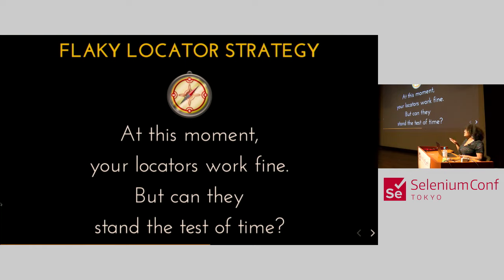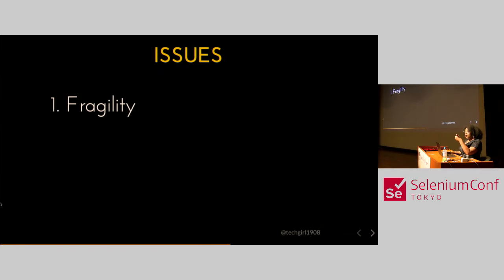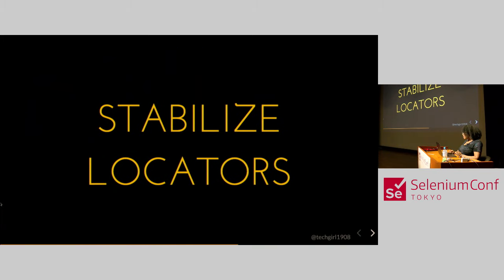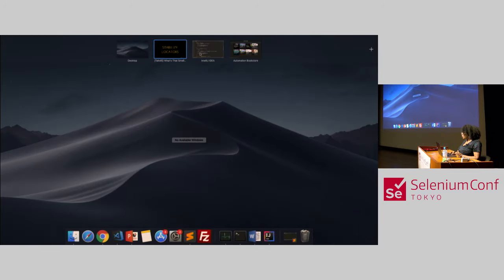Chrome has no idea that you plan to put this in an automation script that you want to run for months or years and still expect to work. So you need to make sure that the locators you're getting are ones that are going to stand the test of time. Again, you don't want fragile locators and you don't want unreliable ones. This is the leading cause of flaky tests. So we're going to clean this up in Jake's code by stabilizing the locators.